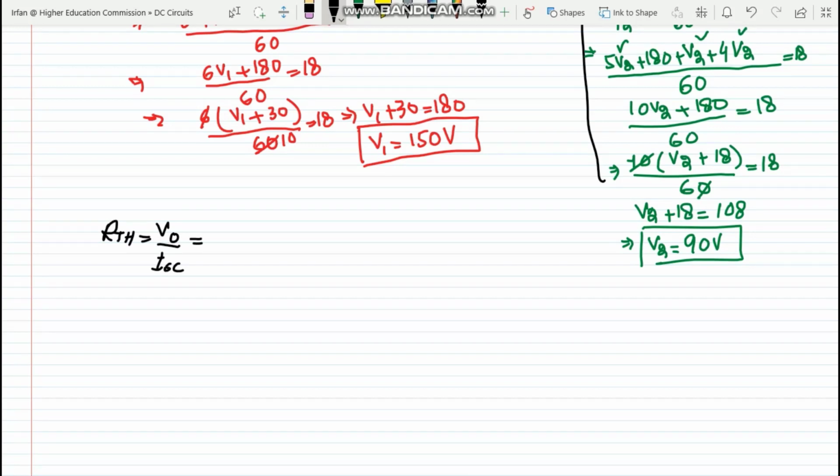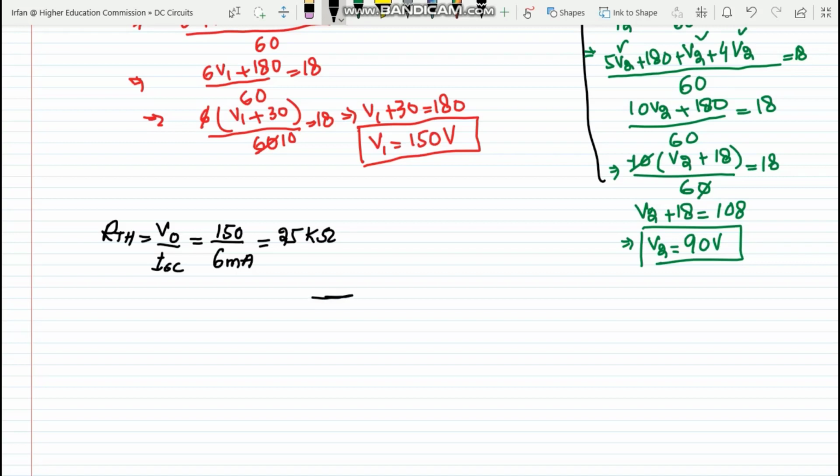So the value of V0 is 150, and the value of ISC is 6 milliamperes. Multiplying it out, I will get here 25 kilo ohm. Okay, so that is the value of RTH.